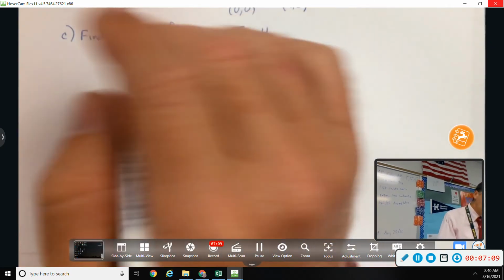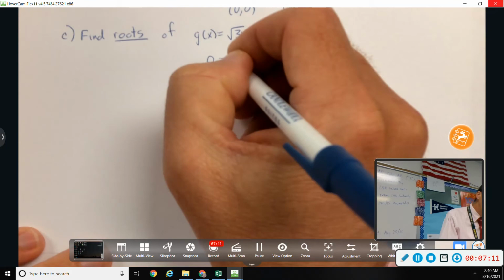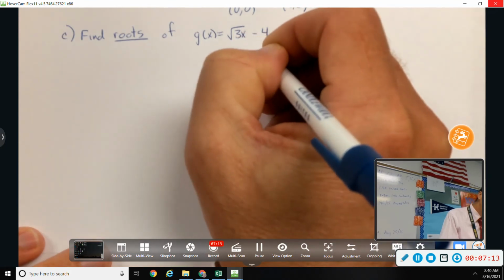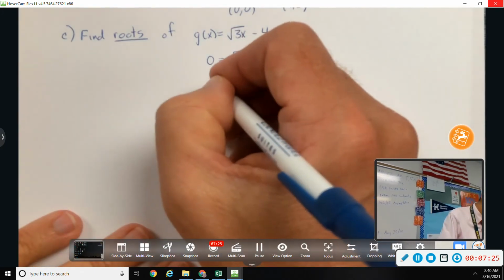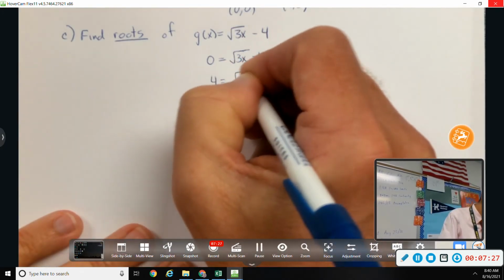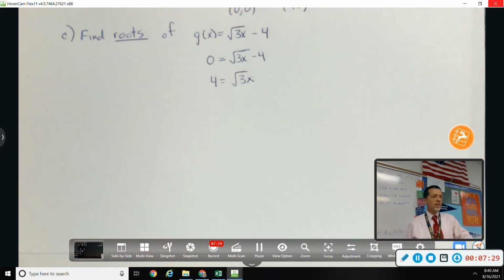Zeros, x-intercepts, roots all mean the same thing. Set it equal to 0. Now we've got our algebra to worry about. What do you want to do first on this one? Add 4 to both sides. Square both sides to get rid of the square root.